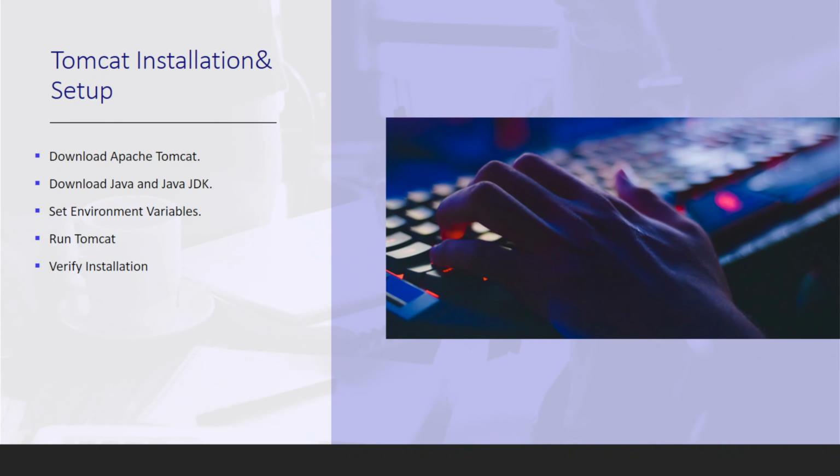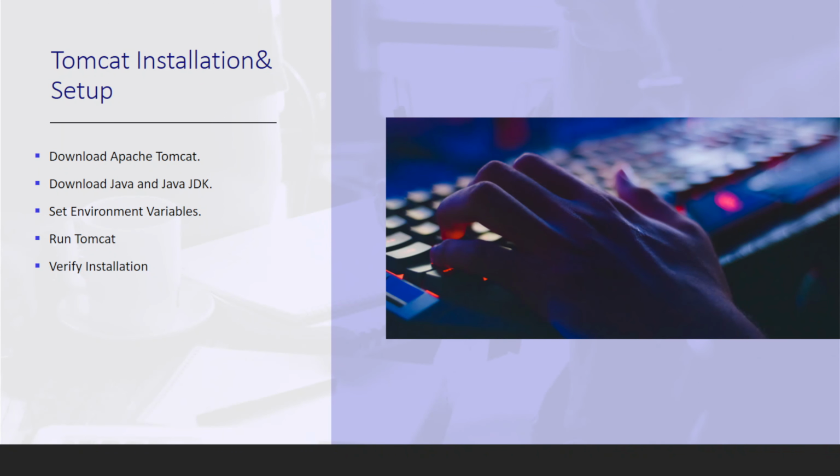To make sure of proper installation and proper functioning of this Apache Tomcat server, you should follow this documentation, and the supported version is very necessary for a successful installation. These are the basic steps you should follow to avoid any issues, and you will successfully install the Apache Tomcat server.